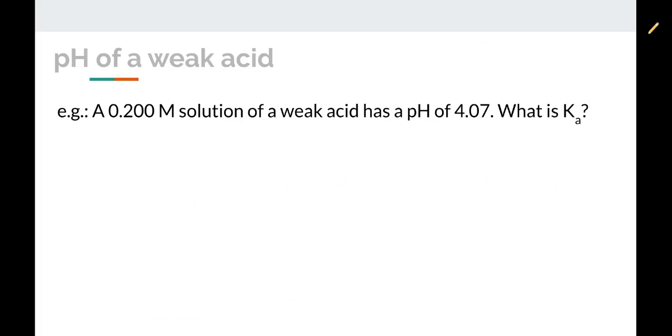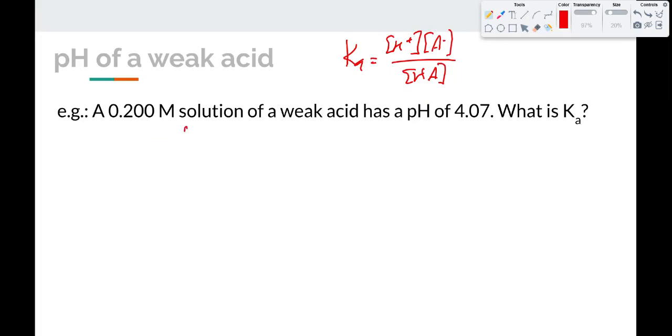This is kind of the opposite problem. We have a 0.2 molar solution of a weak acid, and it has a pH of 4.07, and we want to know what is Ka. So to find what Ka is, we're going to have to find out what's the H+ concentration and what's the A- concentration for this weak acid divided by the concentration of HA.